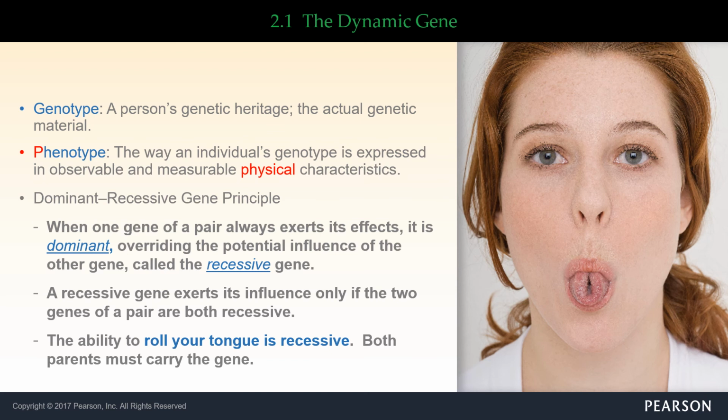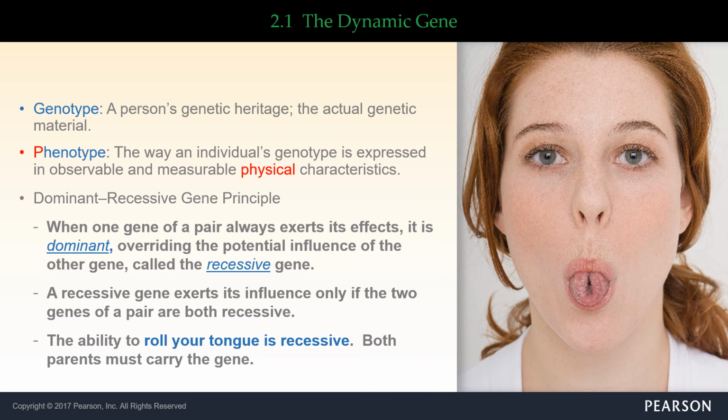So when we talk about what a person's genetic heritage is, that's called a genotype. And it's the actual genetic material that we saw in our first slide with the 23 pairs.